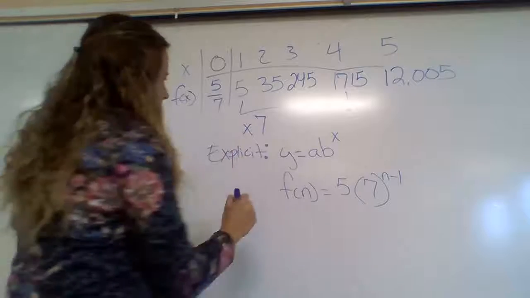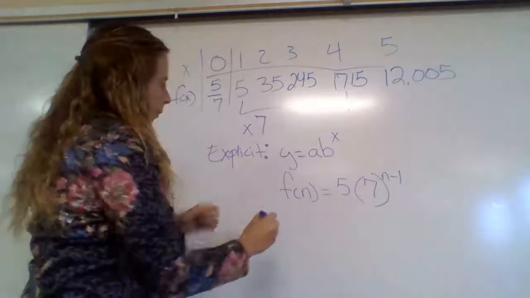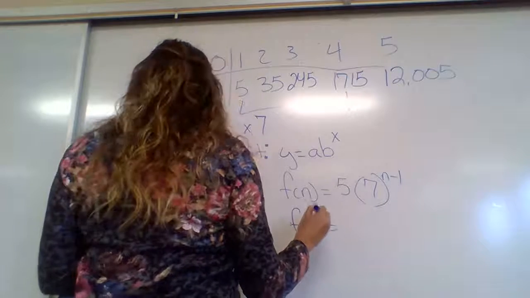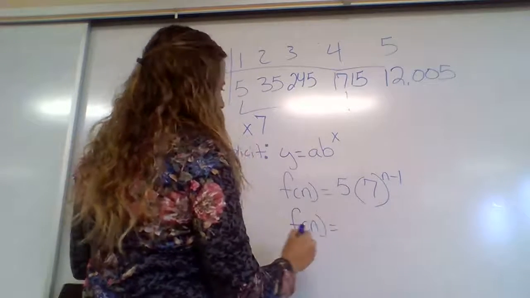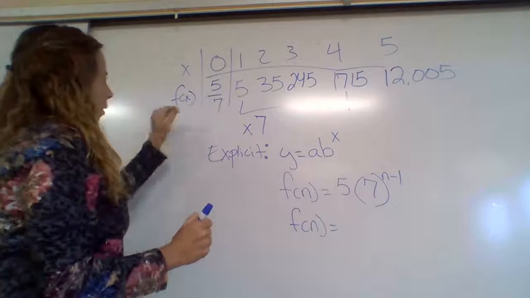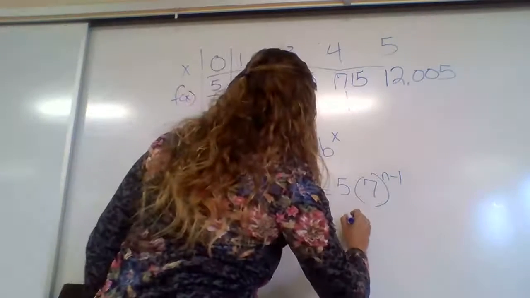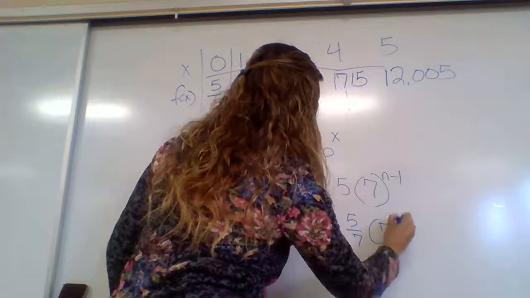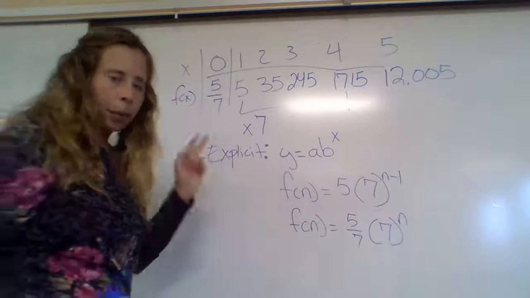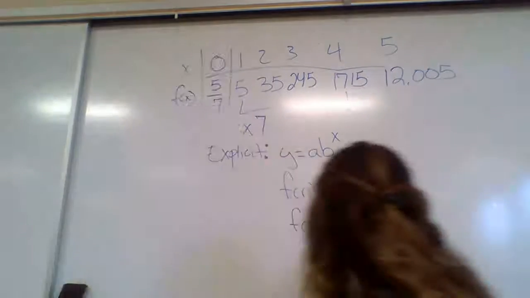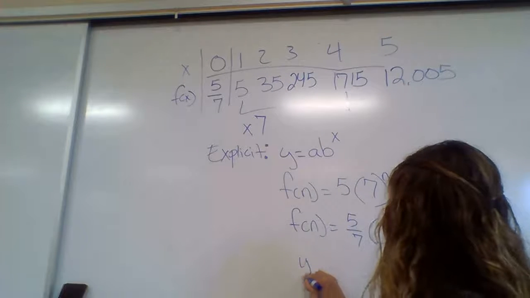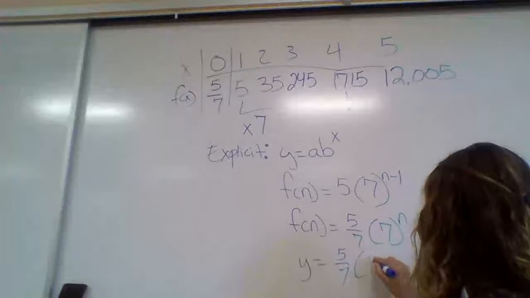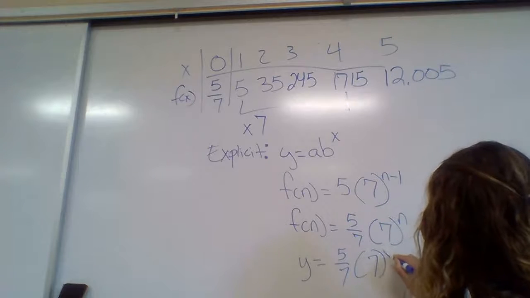So then you could write it for the y-intercept, which is 5/7 times 7 to the n. You could write it like that, or you could write y equals 5/7 times 7 to the x.